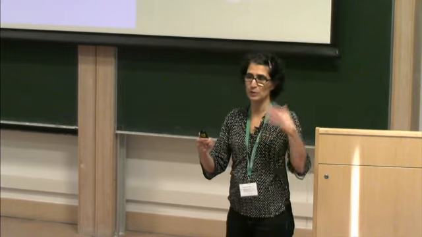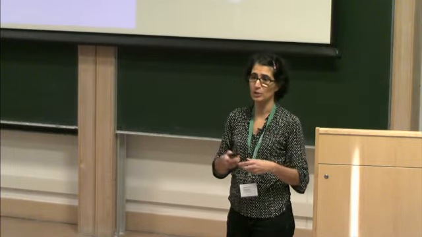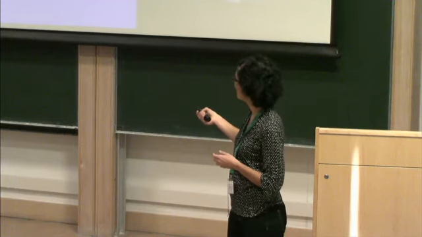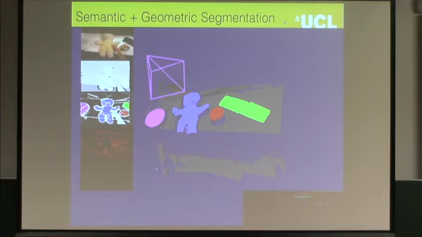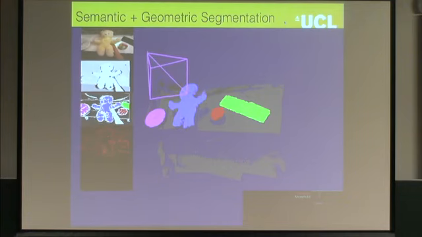The geometric segmentation is produced at every frame by analyzing the surface normals and looking at big discontinuities in the surface normals in the neighborhood. That allows us to predict the positions of the boundaries. And this is what you see here. These red are the prediction of where the object boundaries are.